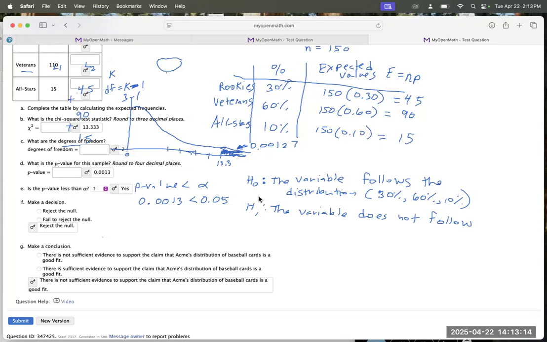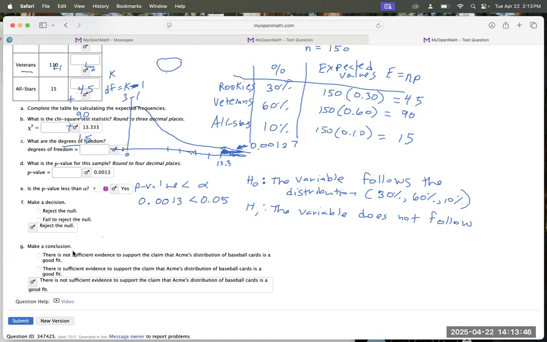I apologize because normally, whenever we reject the null hypothesis, I always like to word my conclusion as there is sufficient evidence. However, they're being tricky here with the way they've worded these final ones, and they are asking us to look a little deeper into the understanding of these sentences.